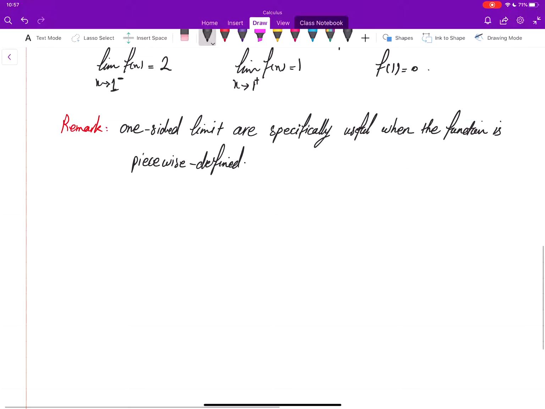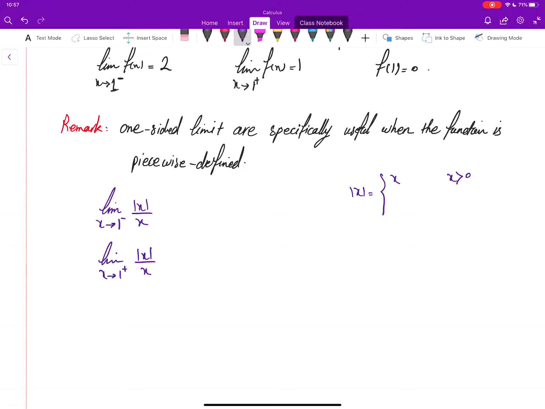Well, for example, if you have the function absolute value of x over x as x approaches 0 from the left, or absolute value of x over x as x approaches 0 from the right. Why did I say piecewise defined? Because absolute value of x is a piecewise defined function. For x greater than or equal to 0, it gives us x, and for x less than 0, it gives us negative x.